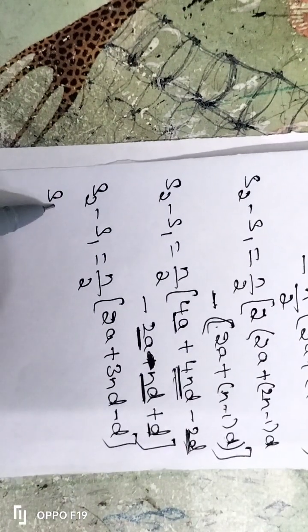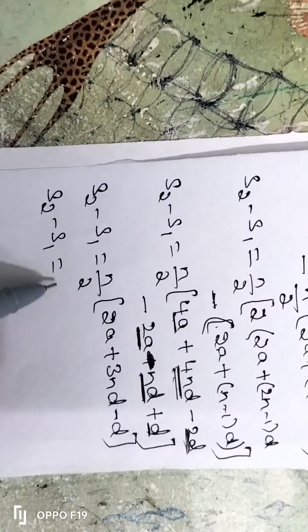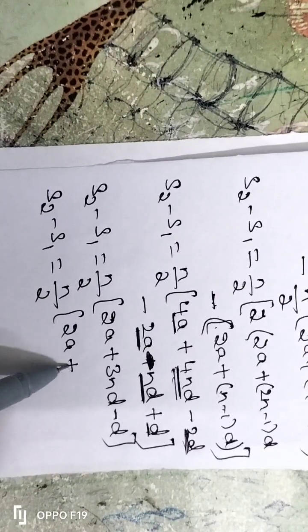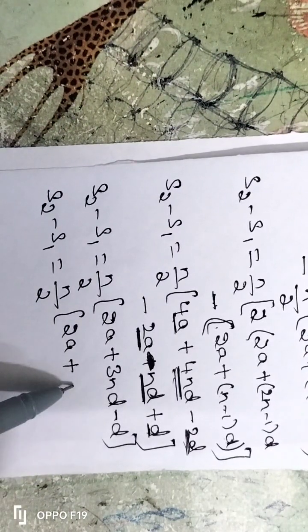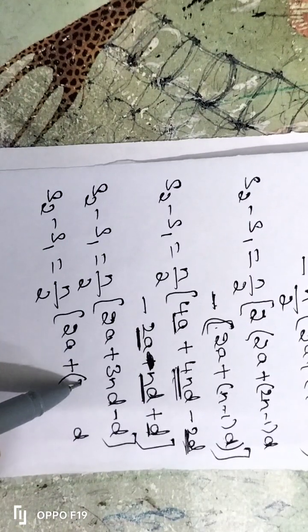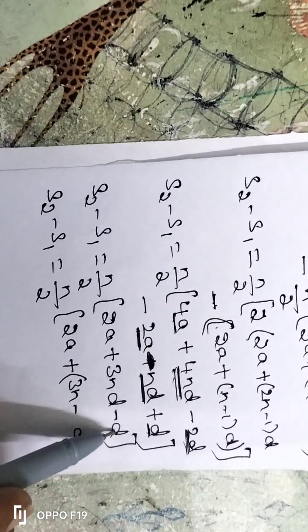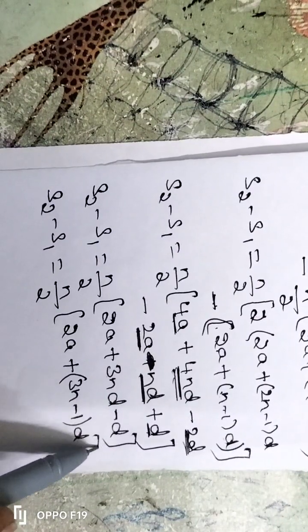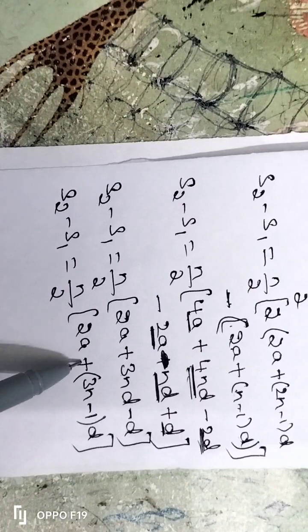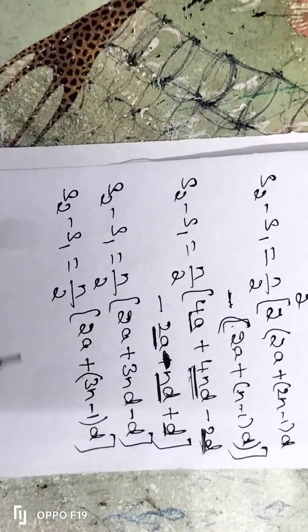Now S2 minus S1 is equal to n by 2 into 2a plus, see, what can we take common inside this? I can take d common. So taking d common, the remaining is 3n minus, taking d common, the remaining is 1. So we got n by 2 into 2a plus 3n minus 1 into d.